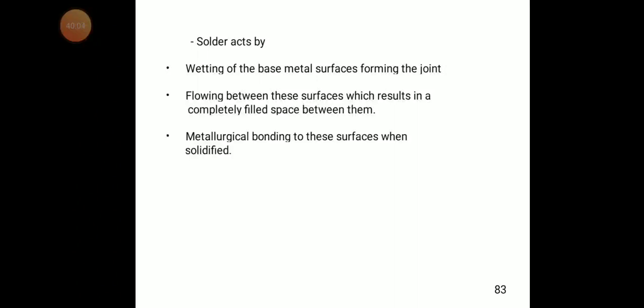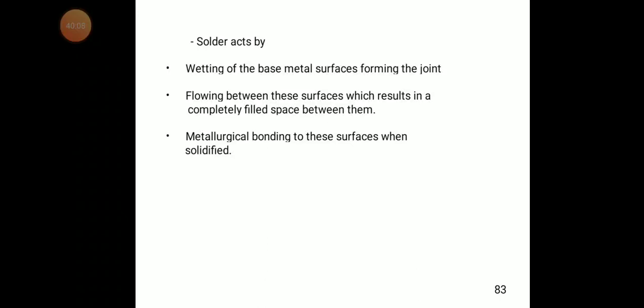Solder acts like this: wetting of the base metal surfaces forming the joint, flowing between these surfaces, which results in a completely filled space between them, and metallurgical bonding to these surfaces when solidified.